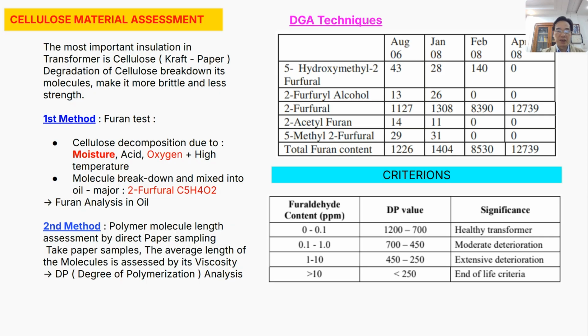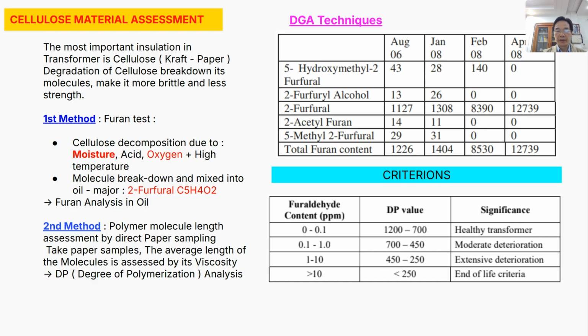Then by measurement of the viscosity of the mixture, they can determine the DP value. So with higher viscosity, the DP value is higher. Then if lower viscosity, the DP value becomes lower. The shortcoming of this method is we need to shut down the transformer to take the sample inside. This one is not easy and not always can be implemented at site.